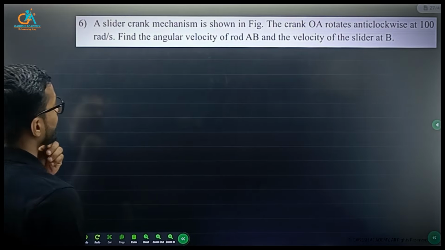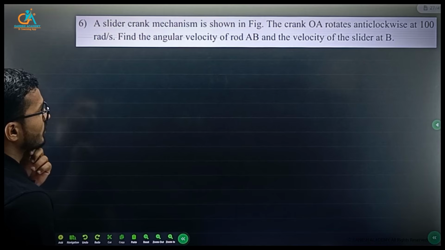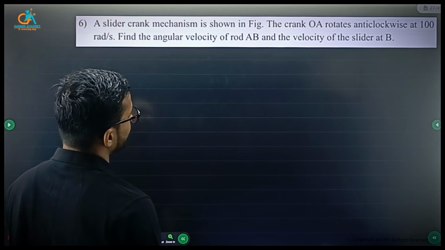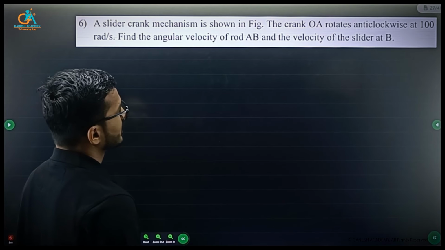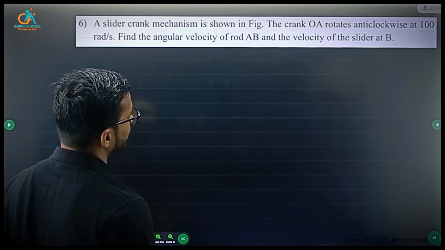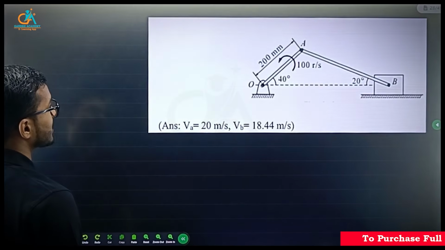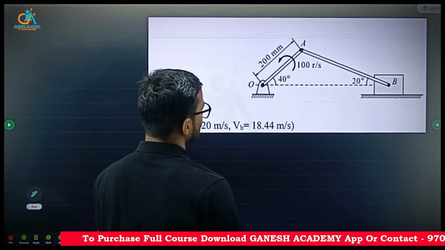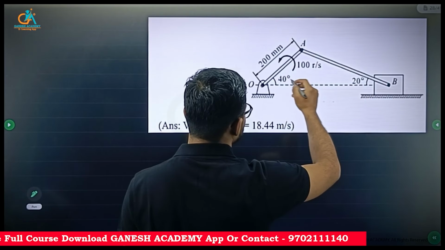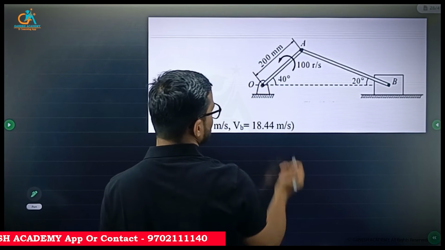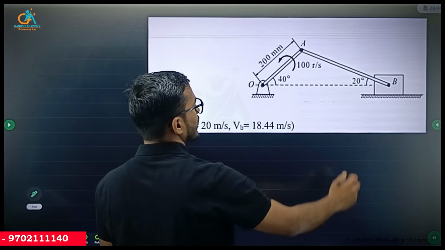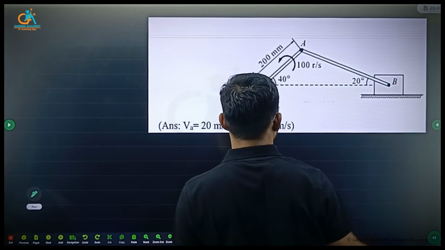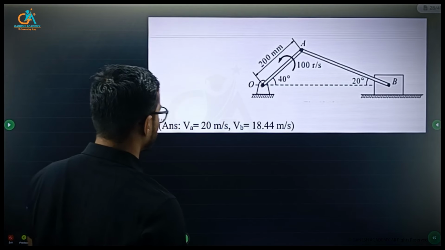A slider crank mechanism is shown in figure. The crank OA rotates anti-clockwise at 100 radian per second, and find the angular velocity of rod AB and the velocity of slider at B. So this is a mechanism in which rod OA is rotating at 100 radian per second, and it is connected to rod AB, and AB is connected to slider B, right?